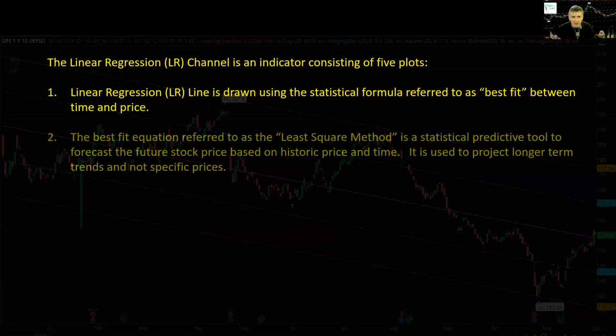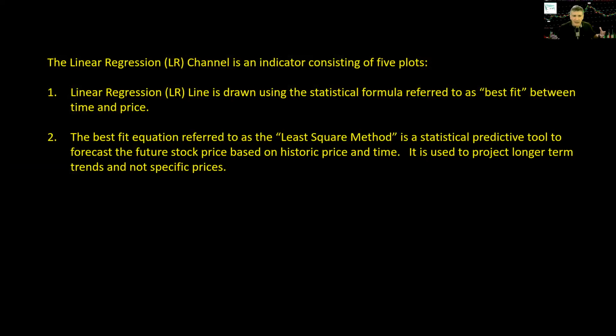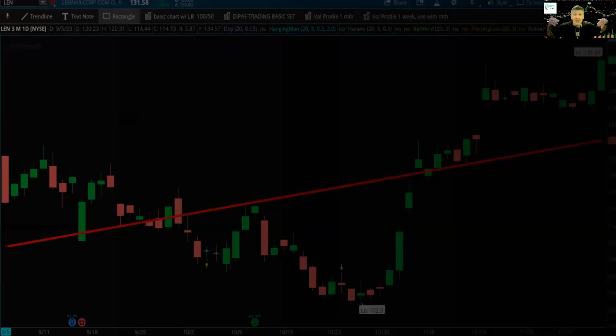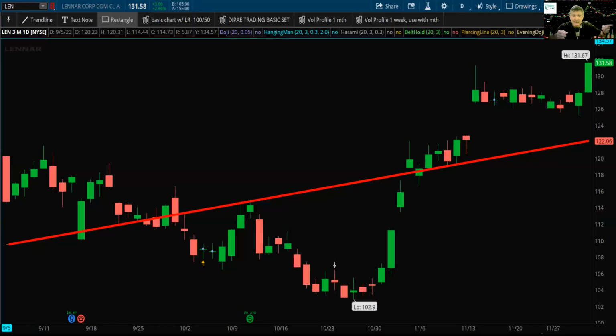That linear regression line is calculated using what we call, statistically speaking, a least square method. It's a predictive tool, and we're able to forecast price and time using it in a general way.